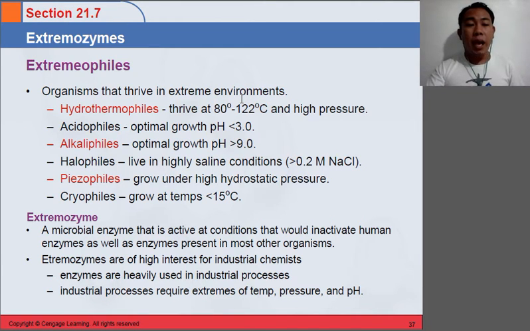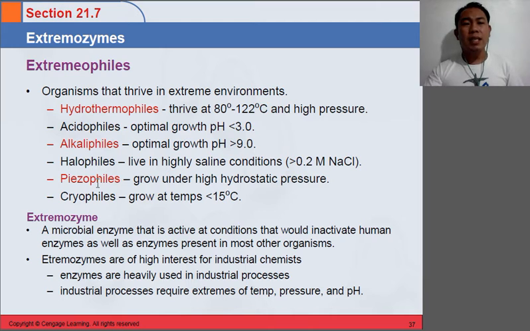So we have the acidophiles, the alkaliphiles, the halophiles, the piezophiles and the cryophiles. Usually, these are microorganisms that live in extreme environments, like bacteria and fungi, present in the thermal vents or maybe in the seafloor.